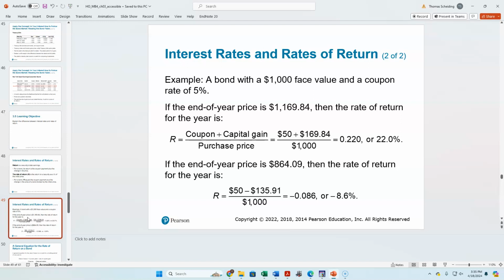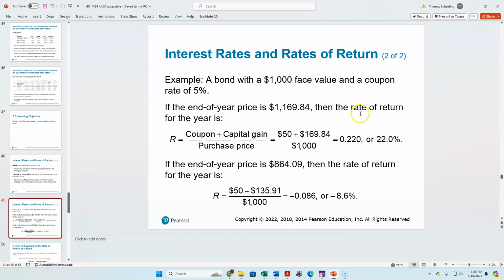If we wanted to calculate the rate of return, that would be our $50 that we would get as our coupon. So that's right here, right? That'd be 5% of 1,000, plus the change in the price, meaning we went from 1,000 to 1169.84. That's a difference of 169.84. So 50 plus the 169.84, divided by the purchase price, which was the face value of 1,000. It's a 22% rate of return. Pretty darn good.